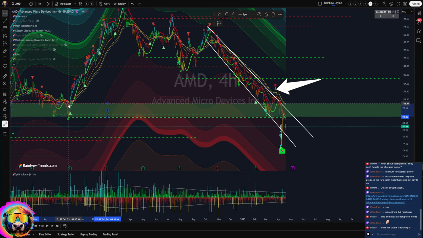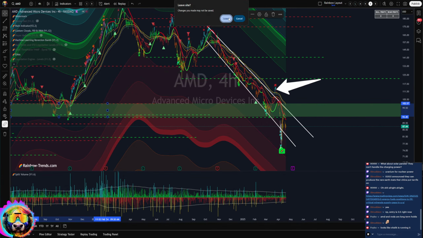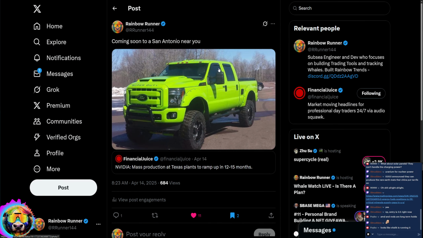No. The actual NVIDIA headquarters is filled with green Lamborghinis and Ferraris and stuff like that, which is just a cool vibe. I mean, you could hate people on Ferraris, but tech bros making it in the industry and then all buying green Lambos, it's pretty cool. But remember, NVIDIA is coming to Texas, so you're going to see these bad boys coming down the road. Neon green F-350s. So be careful when you see this coming.